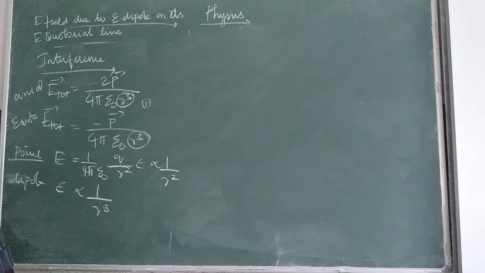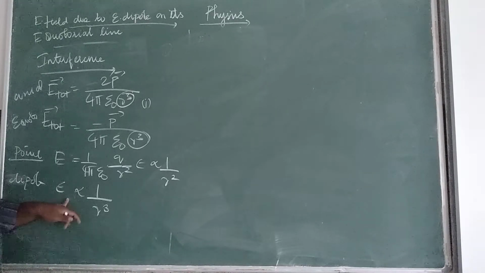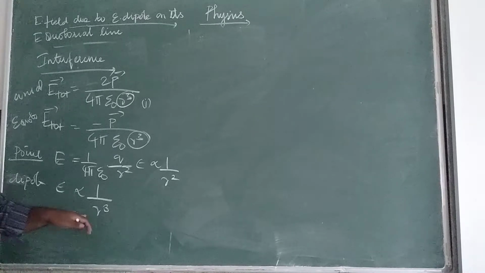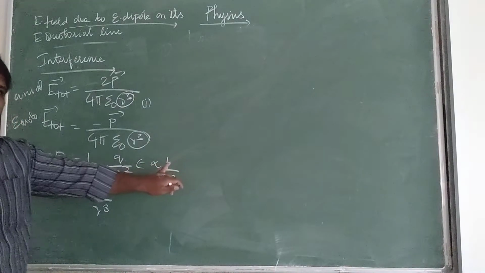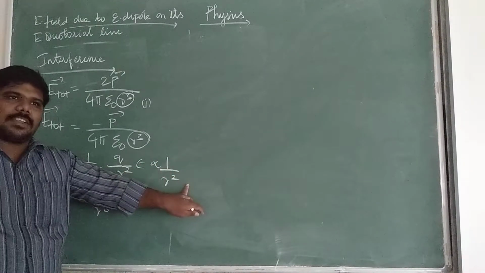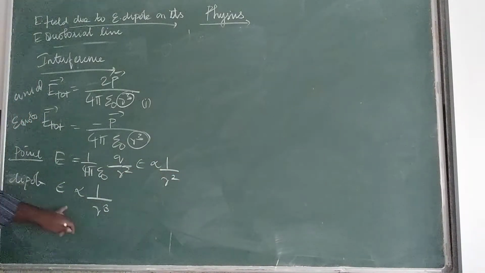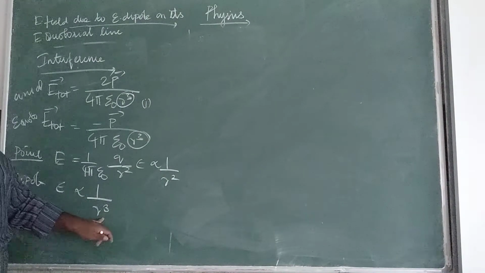From this, we can say that for a larger distance, the electric field due to an electric dipole becomes zero much faster when compared to the electric field of a point charge. For a point charge, E is inversely proportional to the square of the distance, and for a dipole, to the cube of the distance.